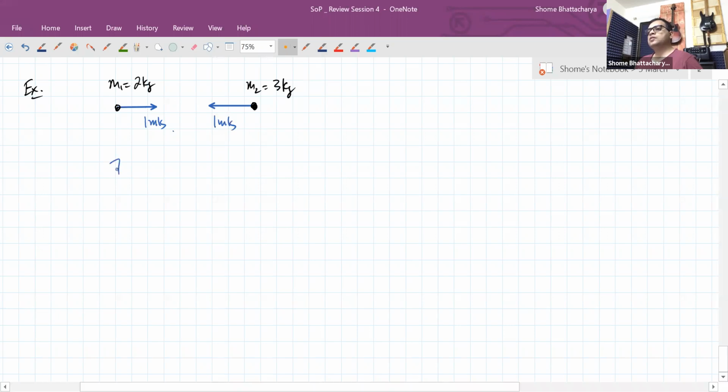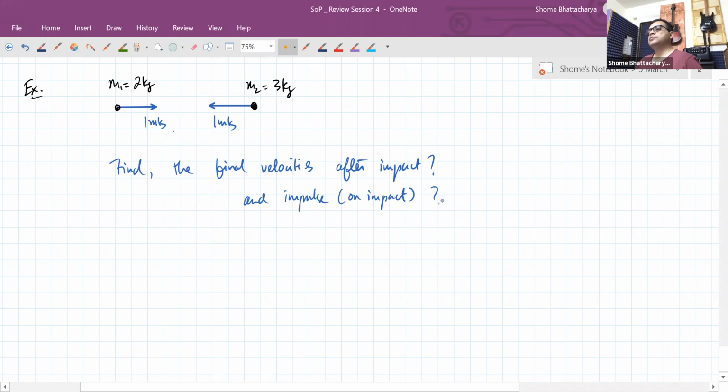So we want to find the final velocities after impact, and we want to find the impulse on impact. What kind of impulse do they apply on each other? I'll just give you a minute to analyze this question and try and work it out, and then we'll discuss this further.